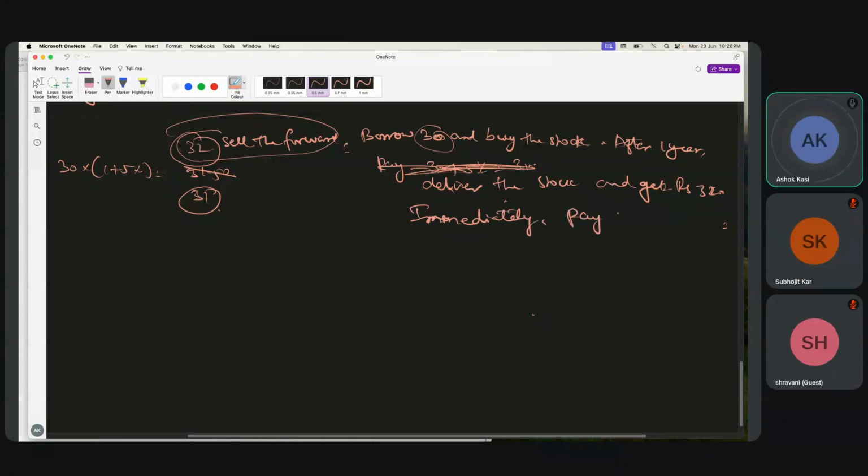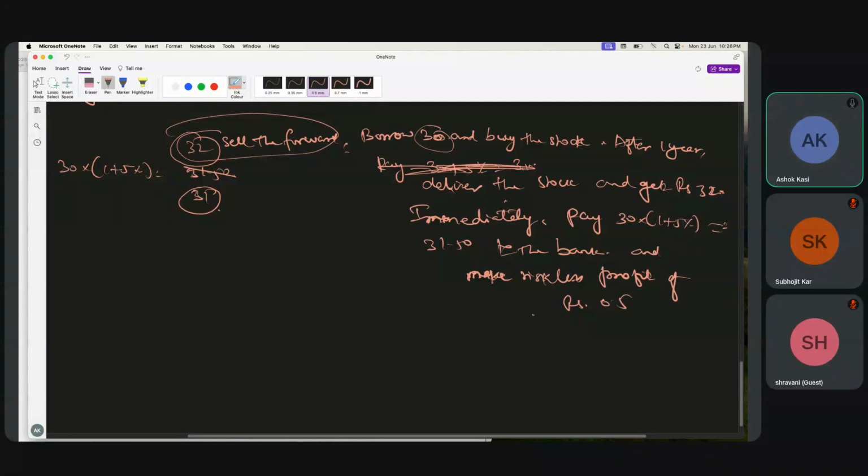So when you get 32, immediately pay 30 into 1 plus 5%, which is equal to 31.5, to the bank and make riskless profit of rupees 0.5.